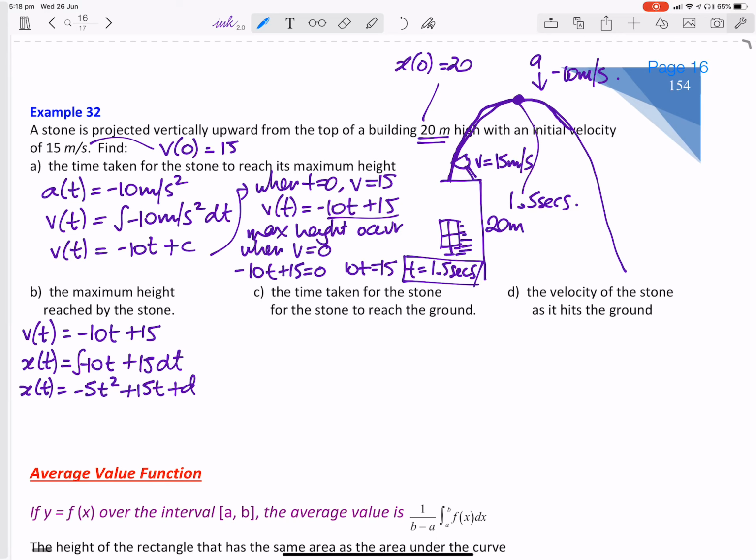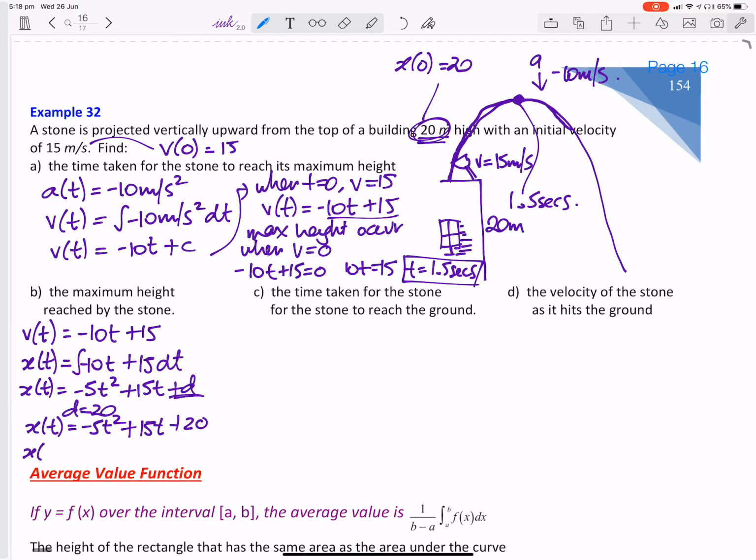And we know when t is 0, my height is 20, so d equals 20. So x of t is negative 5t squared plus 15t plus 20.